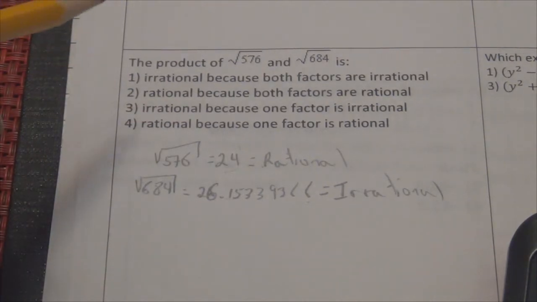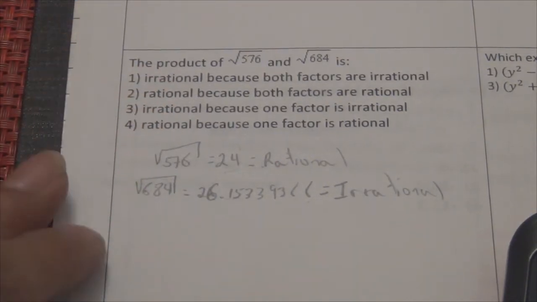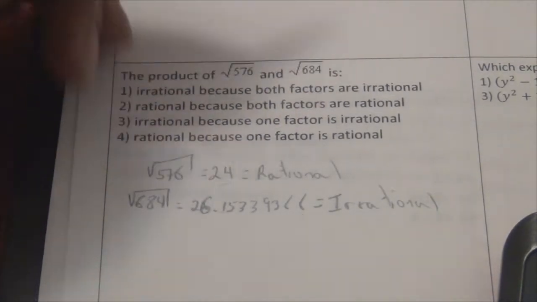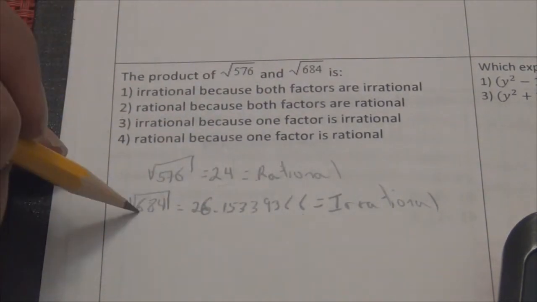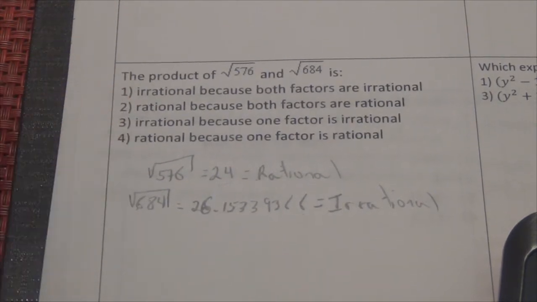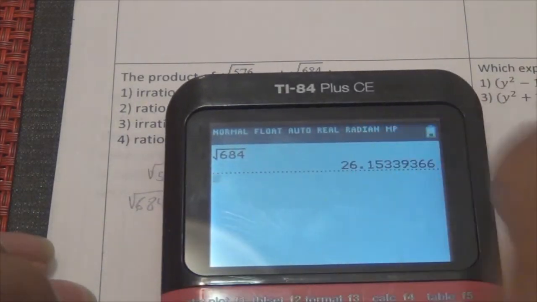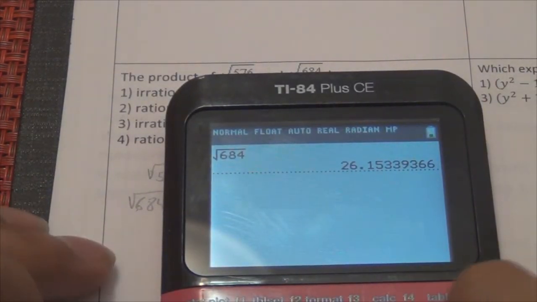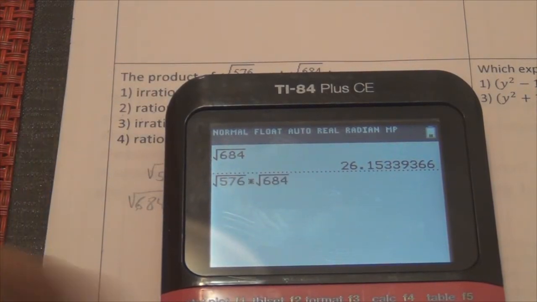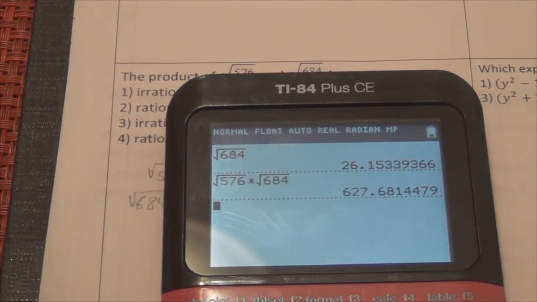All right. So what do I know? Let's look at the choices. Irrational because both factors are irrational. No, both factors are not irrational. One is rational and the other one is irrational. Second one, rational. First of all, let us multiply both so we could see. So radical, let me see. Okay, right there. You see that number?